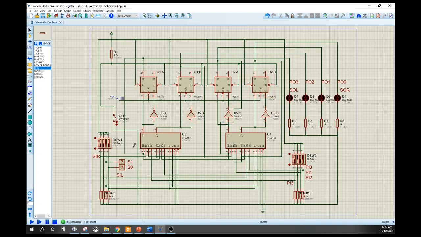To represent the 4x1 multiplexers, I'm using two 74LS153 ICs, and this contains two 4x1 muxes, and the second one also has two 4x1 muxes, so a total of 4 multiplexers.